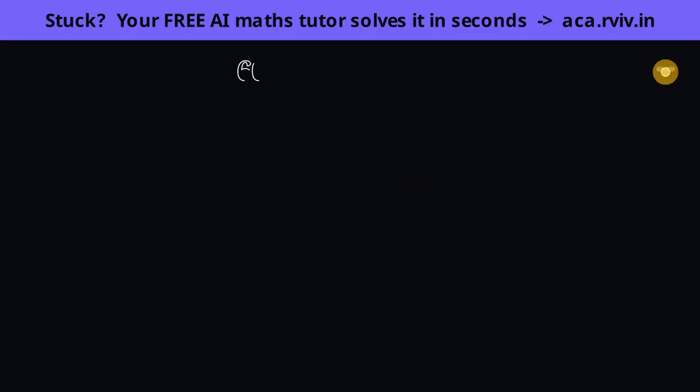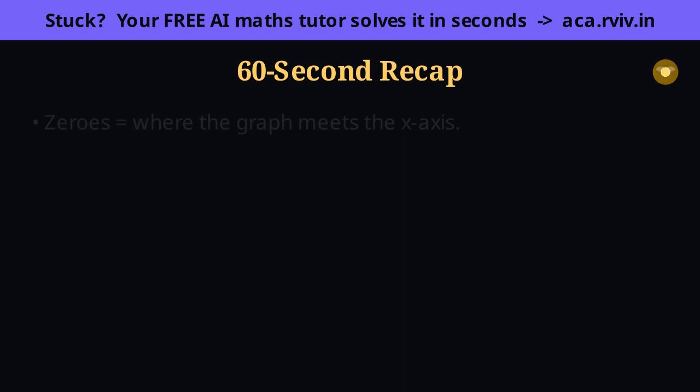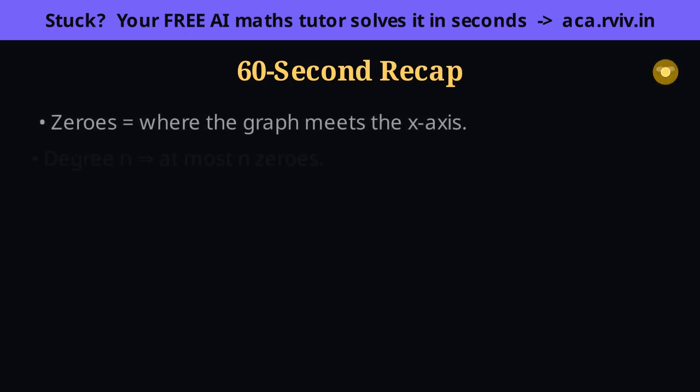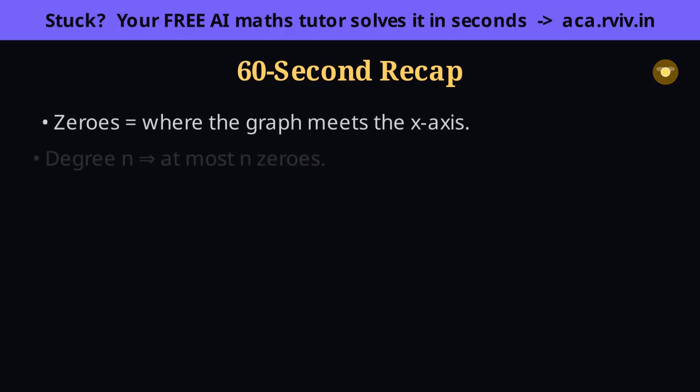In 60 seconds, and every line earned, not just recited: zeros are where the graph meets the x-axis, because a zero is a point of zero height. A degree n polynomial has at most n zeros, because it has at most n factors. For a quadratic, the sum is minus b over a and the product is c over a, both falling straight out of expanding the factored form.